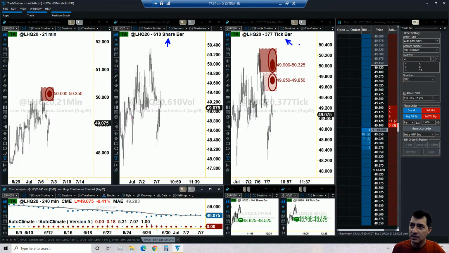And in this sense, anytime you may go ahead and have a UFO form. It could be right now as we speak. Okay. Now, if it's right now as we speak, it's not good because this would be 07 and we need it to be higher, around 29. Okay. So hopefully lean hogs will go a little higher and then give us a UFO, and then we'll be delighted to take a trade. Okay. So this is something for us to watch.